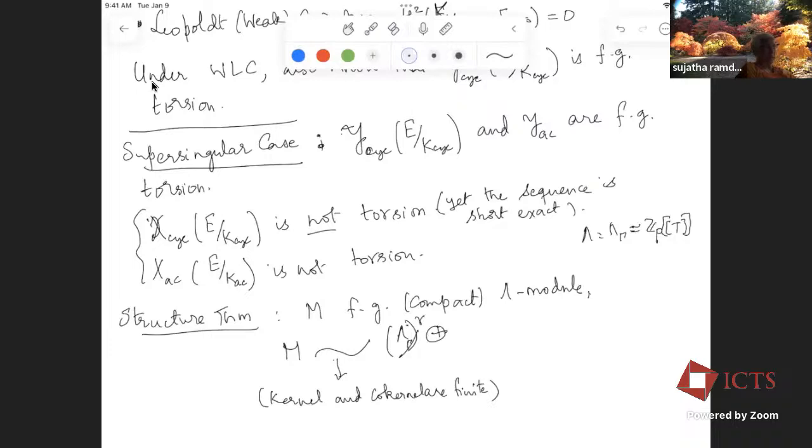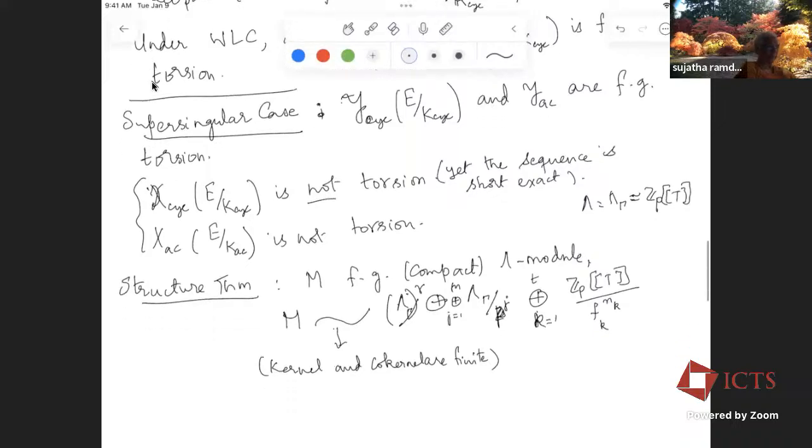And then there's a part which is killed by powers of P, the sum over j equals 1 to m, say, of Lambda Gamma modulo P to the power j. And then there is a P-torsion free part, the sum over k equals 1 to t, say, of Z_P double brackets T modulo some polynomial. In fact, this will be a distinguished polynomial, f_k to the power some n_k, some integers.